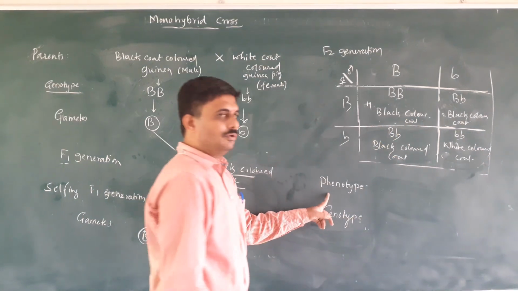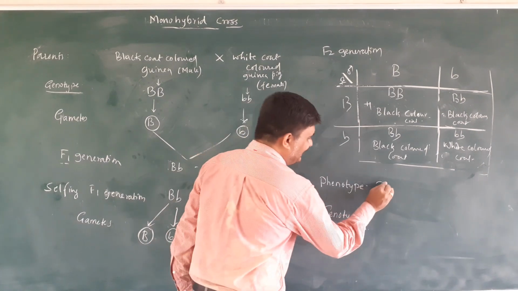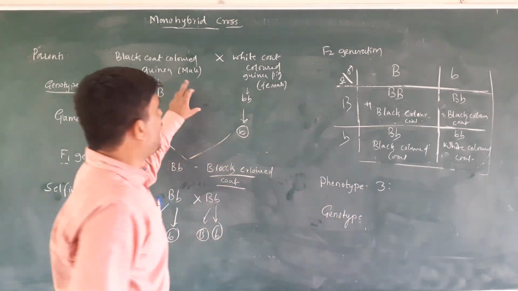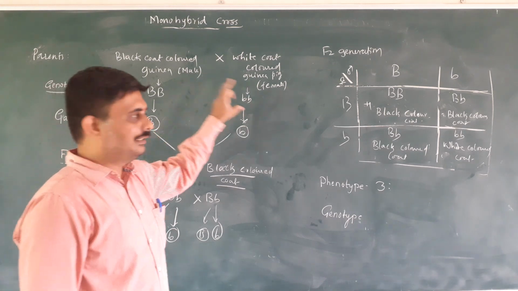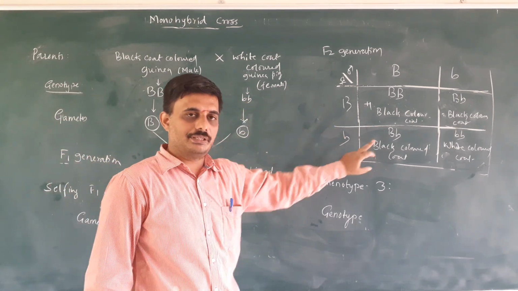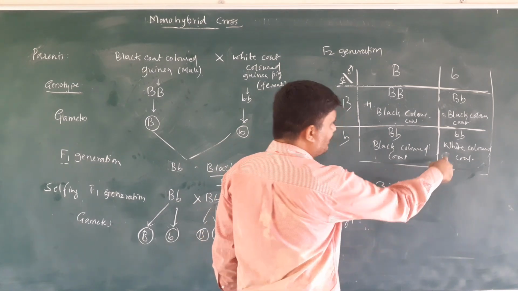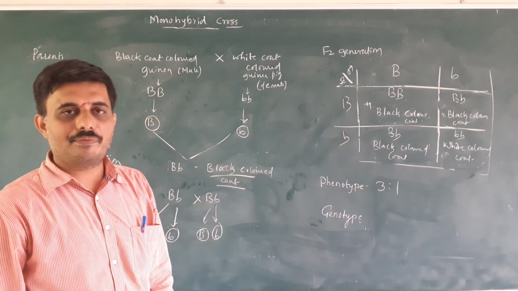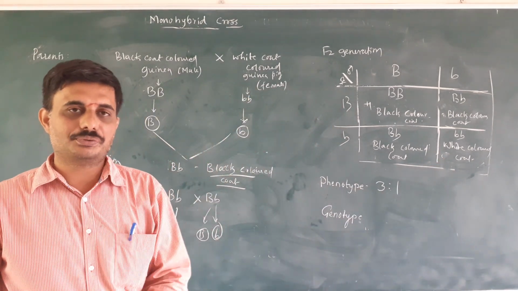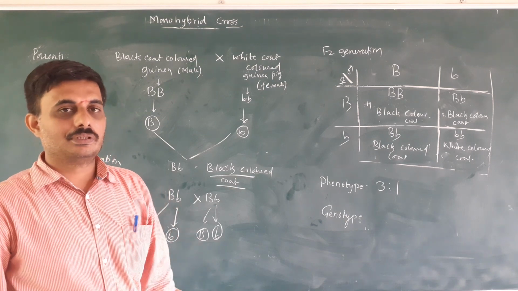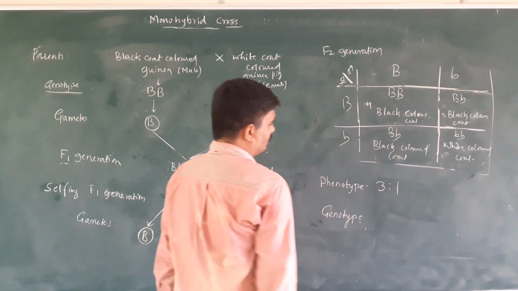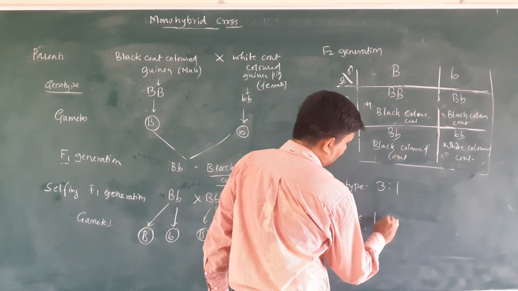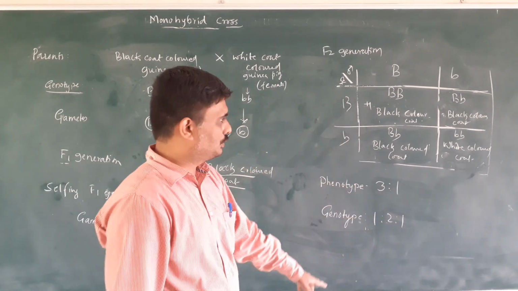So the phenotypic ratio is three guinea pigs having a black colored coat to one guinea pig having a white colored coat in the F2 generation. Next, the genotypic ratio is 1:2:1.